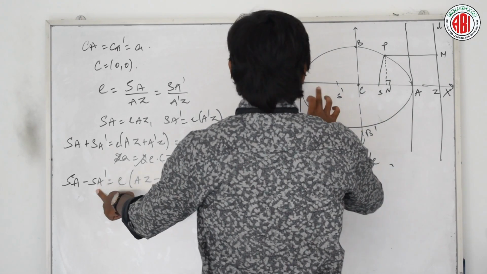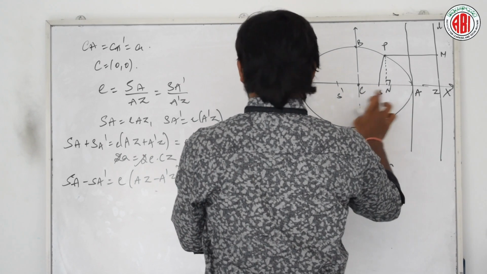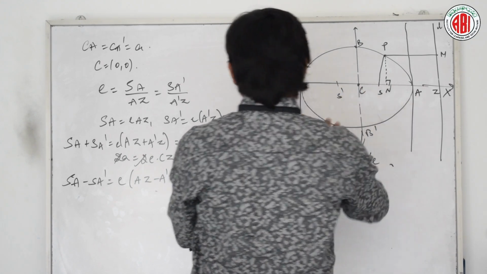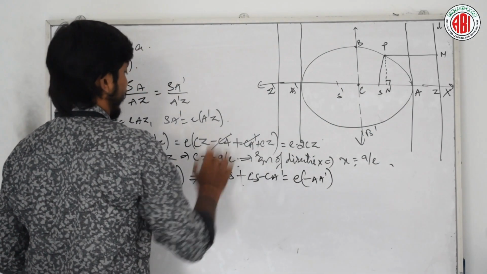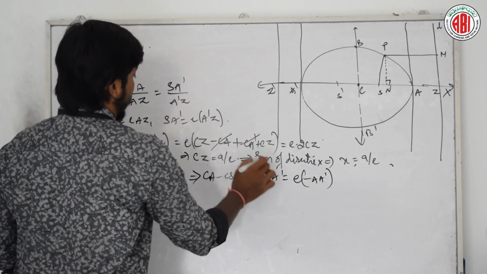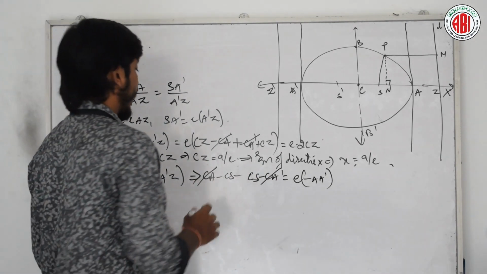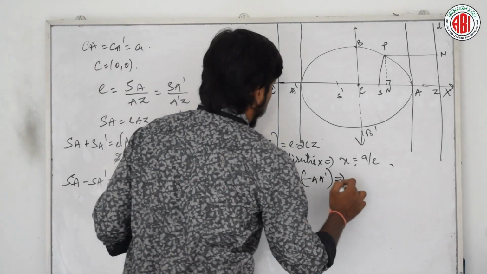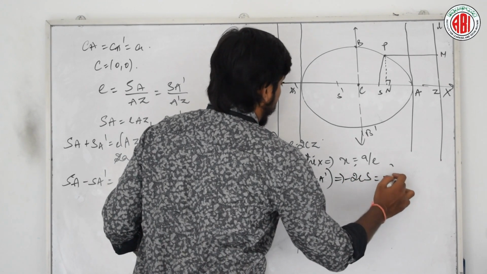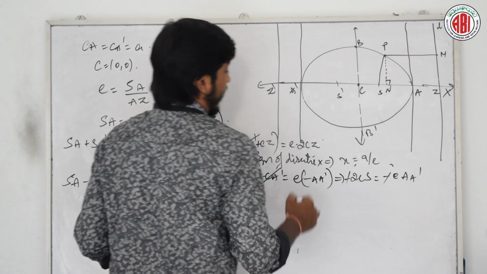Minus SA dash can be written as CA dash minus CS. So this will be plus and that will be minus. Obviously, here minus CS, CA dash, CA will get cancelled since both are the same, right? So we will get minus 2CS is equal to minus E into AA dash. Here minus minus will get cancelled.